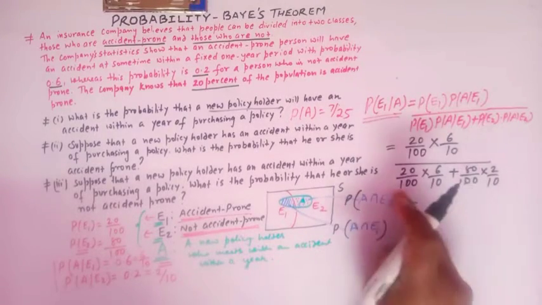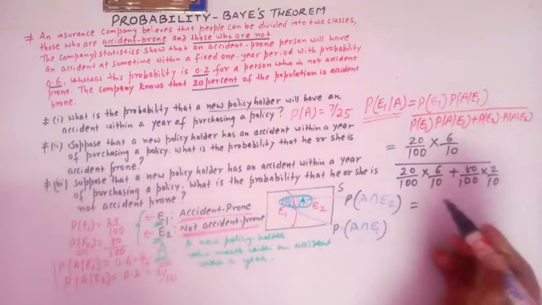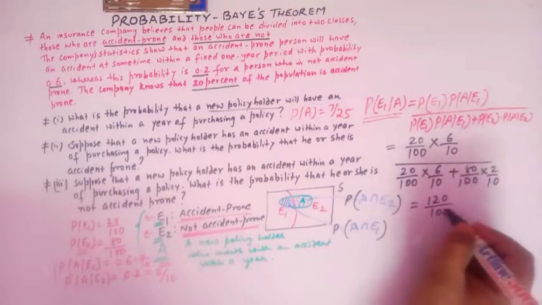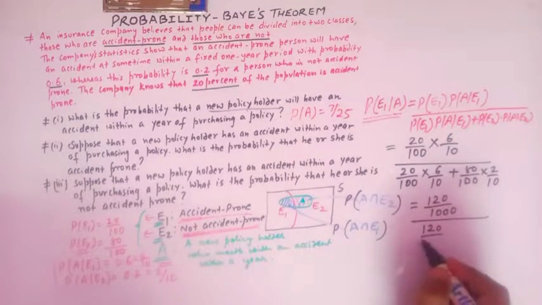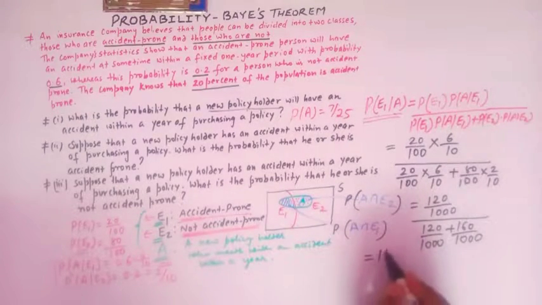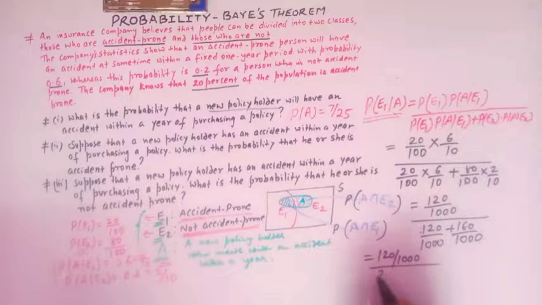Now we simplify this expression. We have 120 over 1000 in the numerator, and in the denominator 120 over 1000 plus 160 over 1000, which adds up to 280 over 1000.